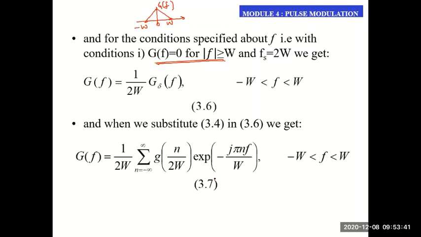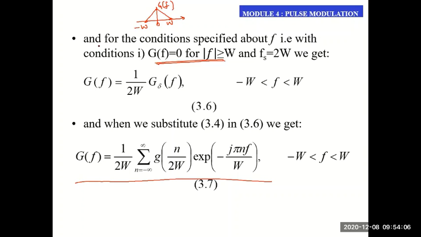Ma'am, in getting 3.6, why did we not consider the second term, the summation term? Because of this reason. Strictly band limited signal, no? Yeah, but the summation term is from minus infinity to plus infinity, so some of the components might be there.